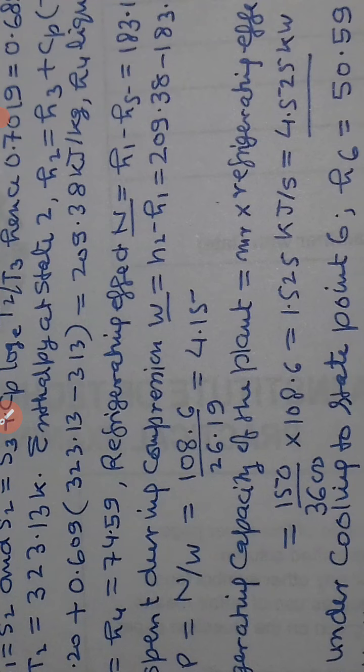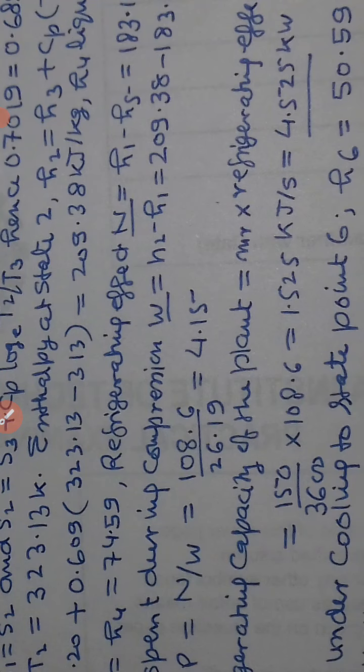Now the COP will be the refrigerating effect upon the work done, that is 108.6 divided by 26.19, and that gives 4.15.